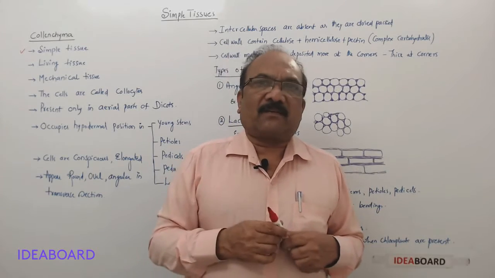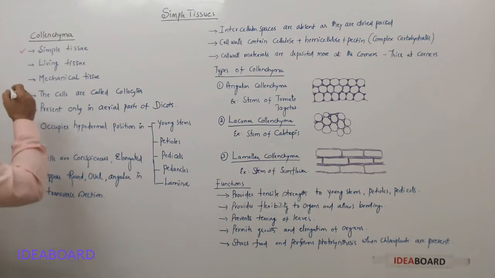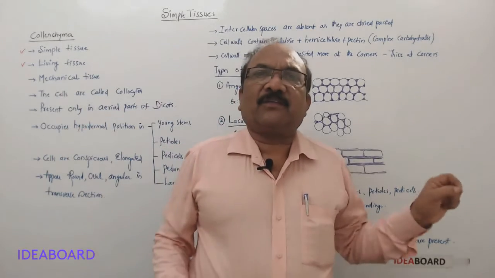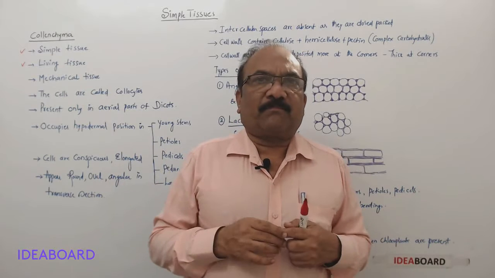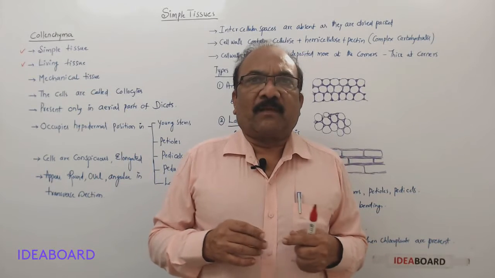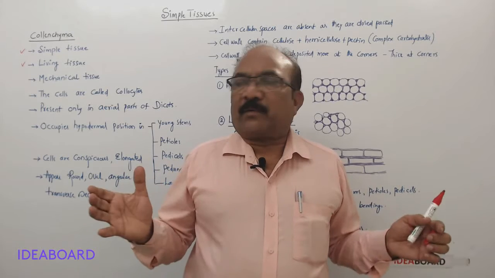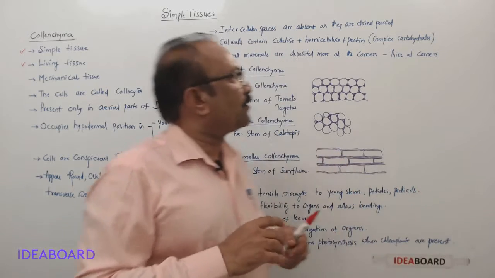Aerial parts of the dicots. It is a simple tissue, and just like parenchyma, this tissue is also a living tissue. It contains protoplasm. What is protoplasm? The cytoplasm and nucleus together are called protoplasm. So that's why it is a living tissue.